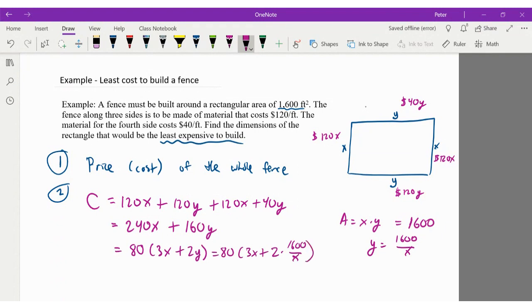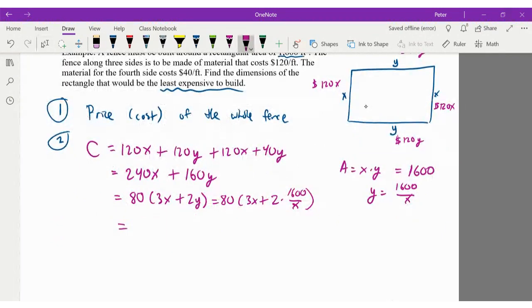So this is going to be, sorry, C of x equals 80 times 3x plus 3200 over x. I think if I multiply 80 by 32, I actually do get 256,000. So that is okay. That is the correct answer, which can come in various forms.